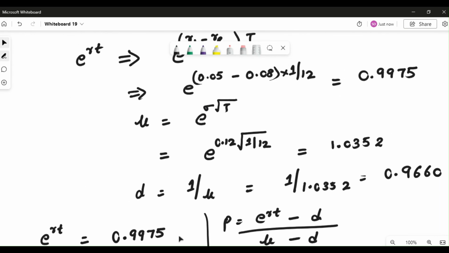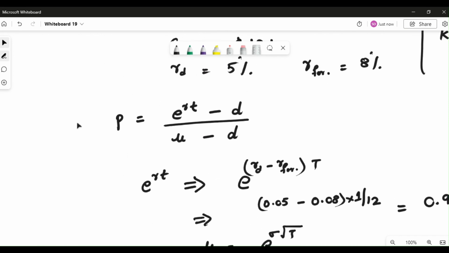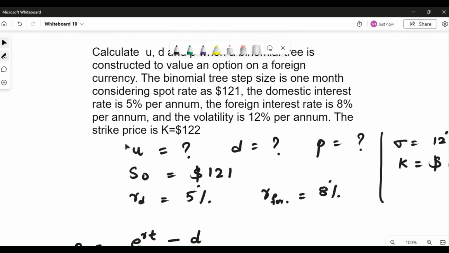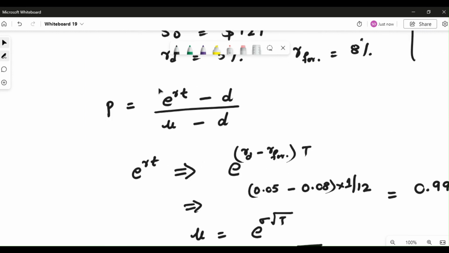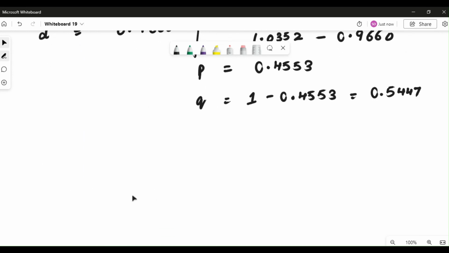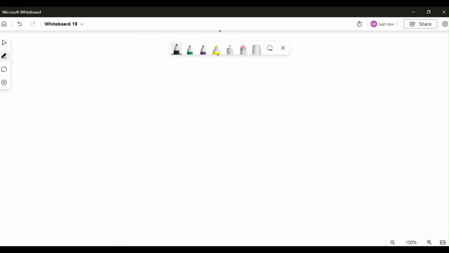So we'll just quickly have a glance at what the spot rate is, and here is the question. So our spot rate is 121. So we will look at 121 going up, going down. And what is the chance of going up? The upward trend you already calculated, so 121 multiplied by 1.0352.